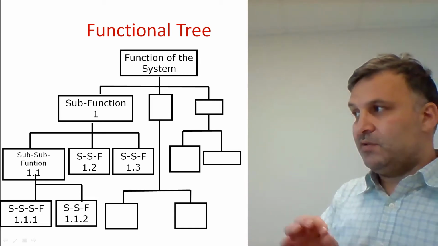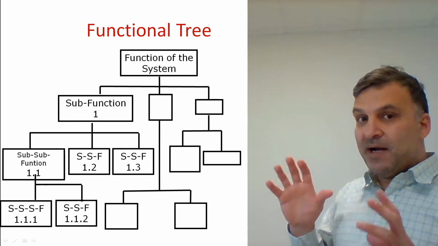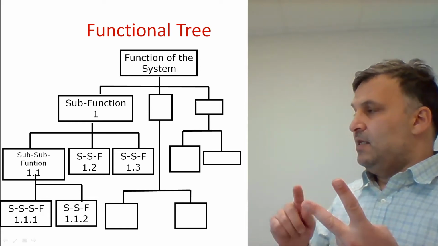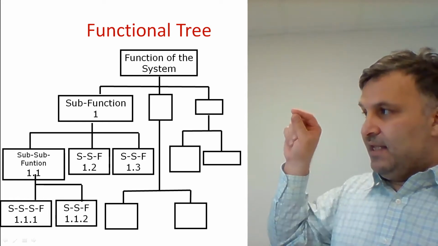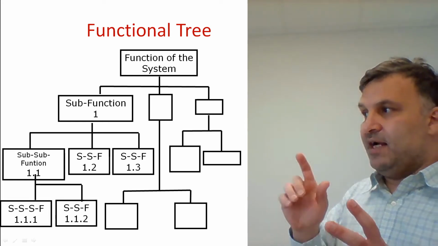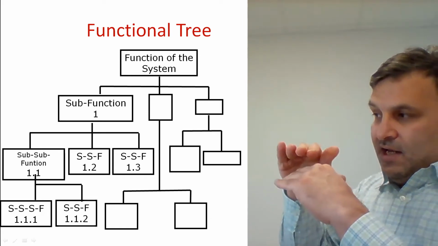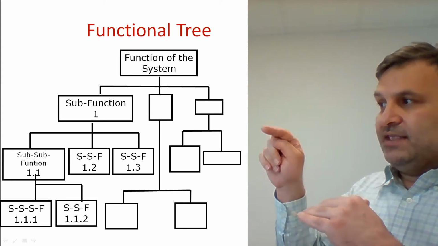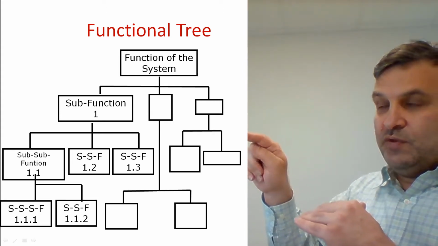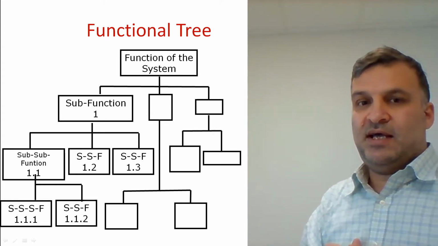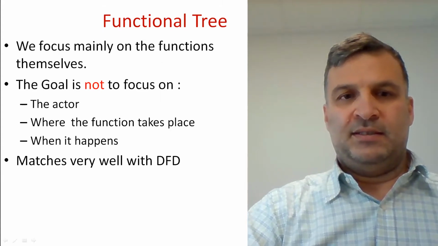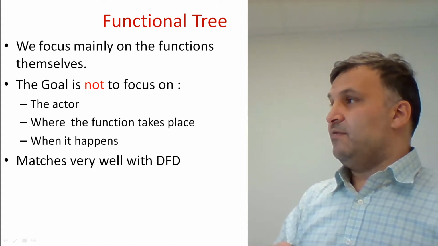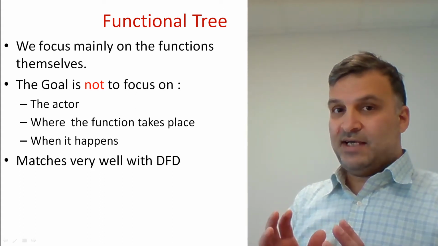What is very important, these are not parts of the system. There are two important notices. One of them is that the nodes are functions. The other is that the lower level is a sub-function, so it is not a different function. For example, sub-function 1 should be included in the system. As we said, we focus mainly on the functions themselves, not on the components of the system.